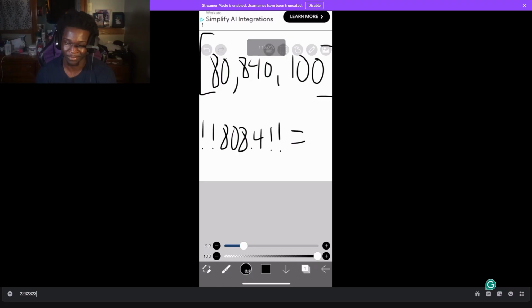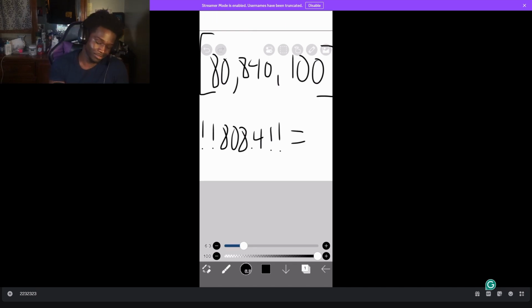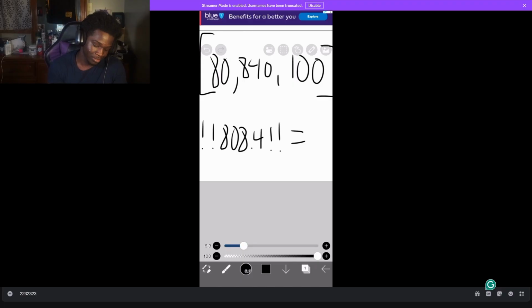This last question might be some bullshit, man. Oh my gosh. All right, tens each, so it'll be 100 times 808.4 times 100 again. What the fuck? The sum doesn't even feel like the sum.